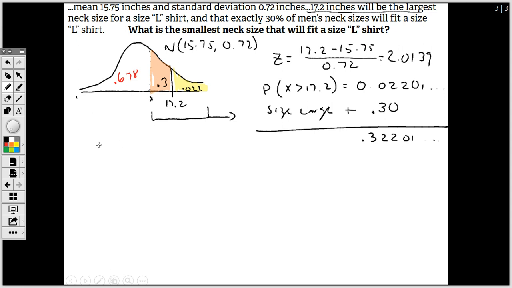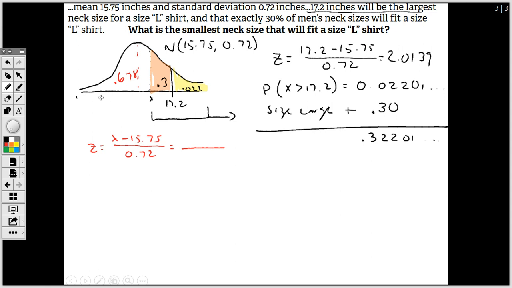So we're going to do inverse normal. I'm going to set up a z-score equation: z equals, I don't know x, but the mean is 15.75 and the standard deviation is 0.72. I'm going to find the z-score for how many standard deviations away from the mean this cutoff is, if I'm looking at the top 0.322, or the bottom 0.678.